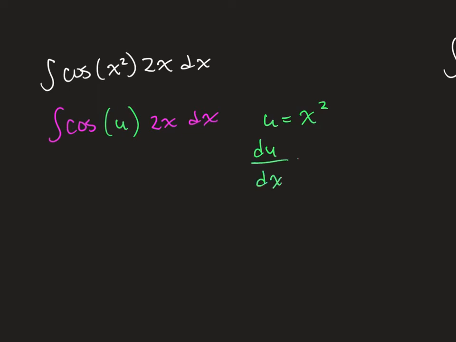Next thing I'm going to do is take the derivative here, which is 2x. And I know this sounds kind of strange, but I need a relationship between du and dx. Because I'm going to multiply both sides of this by dx, and I'm going to get du is equal to 2x dx.